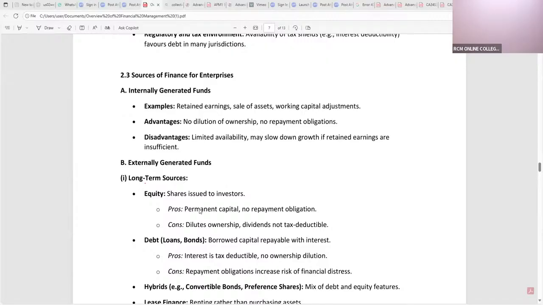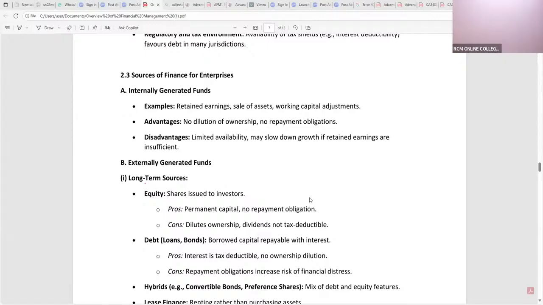They are not redeemable. Somebody will not come telling you, hey, take your shares now, give me back my money. If you're tired with my shares, go to the secondary market, like the Nairobi Stock Exchange, and sell to another person. That's why you call them secondary markets. The primary market was closed a long time ago. No repayment obligation, because this is not a loan.